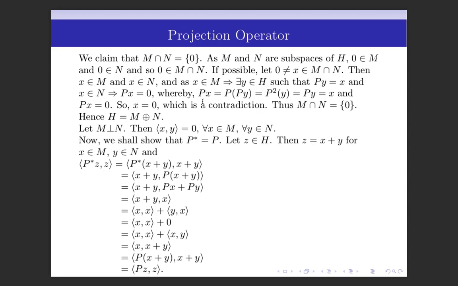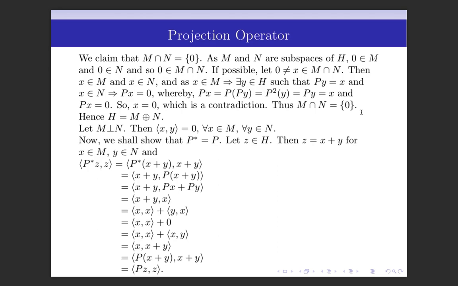So we find Px is equal to x and Px is equal to 0. But every element has a unique image, so this is not possible, or we can say that x must be equal to 0, which is a contradiction because we have assumed that x is a non-zero element in M intersection N. Thus, M intersection N is equal to the singleton {0}.